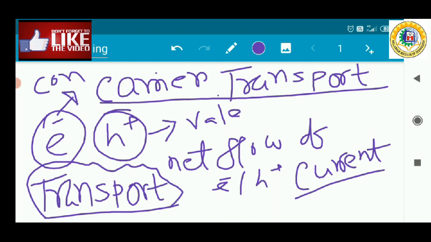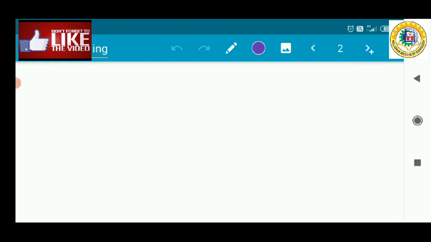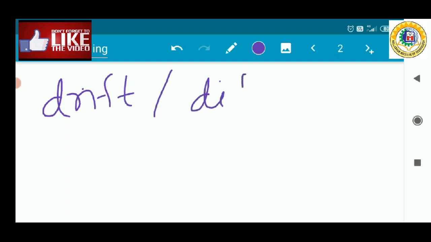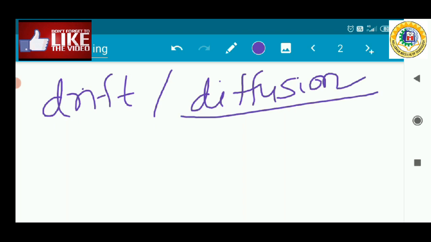Here we will consider the two basic transport mechanisms inside the semiconductor crystal. The first one is drift and the second one is diffusion. These are the two basic transport phenomena we are interested in for our syllabus. Now, what do you mean by drift?